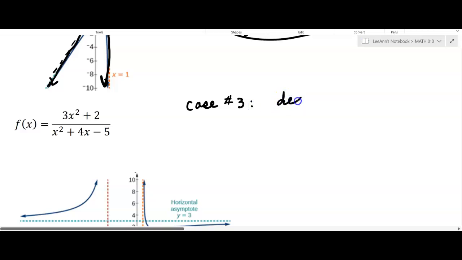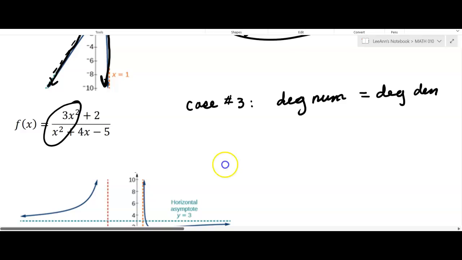And then finally, case 3. The degree of the numerator equals the degree of the denominator. Then you do get a horizontal asymptote, and what happens is you're looking at these two leading terms. So you have 3x squared over x squared, or 3 over 1. Now, when you're thinking about these polynomials, what's going to have the biggest influence on your polynomial?